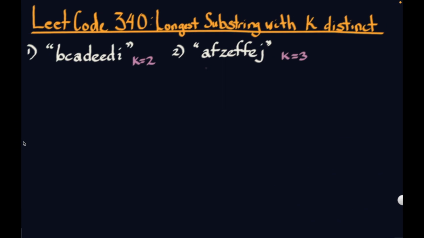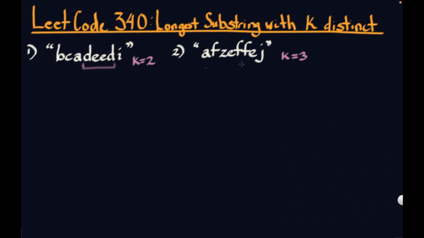All right, guys, we're back in Sketch, and as you can see, I've made 2 different examples. In our first example, our string is BCADEEDI, and our k is equal to 2 distinct characters. For our second example, the string is AFZEFFEJ, and our k is equal to 3. For the first example, with 2 distinct characters, if you go through it, you'll see that DEED is the longest substring with 2 distinct characters.